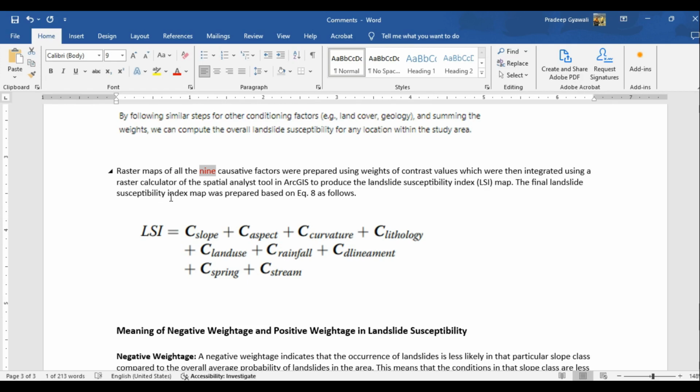The final landslide susceptibility index map was prepared based on the equation. Sorry, there is a mistake. I followed an article, so this is copied from the article.